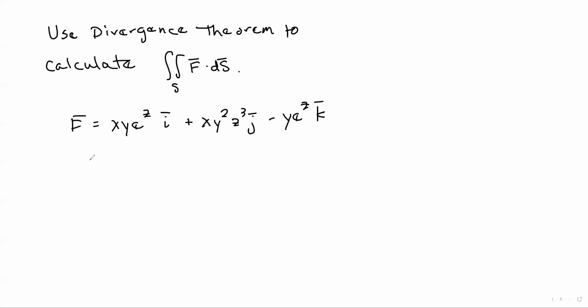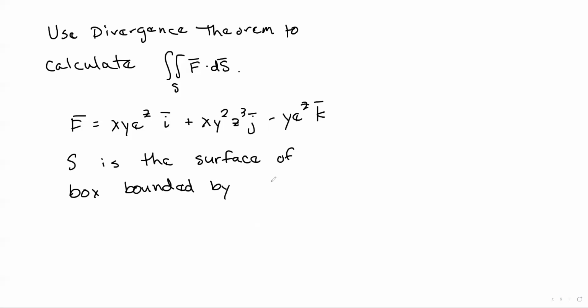And they also give us the surface. S is the surface of the box bounded by the coordinate planes and x equals 1, y equals 1, and z equals 1.